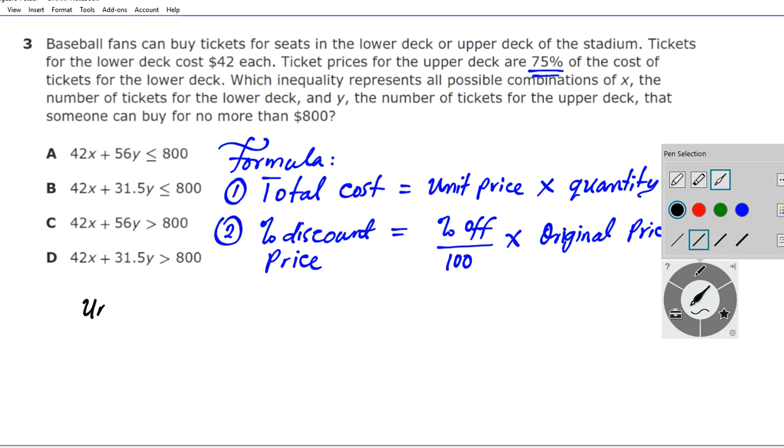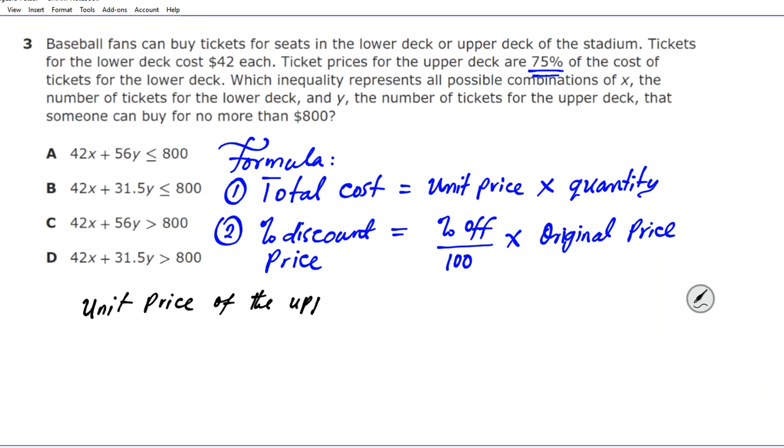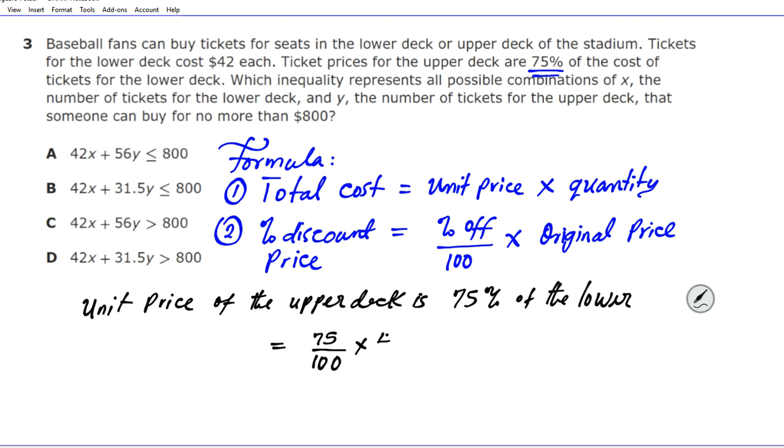So the unit price of the upper deck tickets is 75% of the lower. Alright, so with that in mind, we can simply determine what the unit price is by calculating 75 over 100 multiplied by 42.